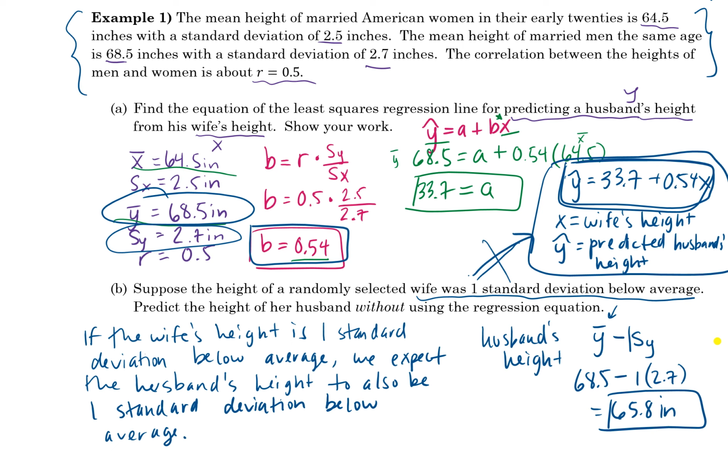And same logic goes, hey, if the wife is 2 standard deviations above average, then I would expect her husband to also be 2 standard deviations above average. Now again, I know especially in this example, that's not necessarily true. Short people marry tall people marry short people all the time. But in general, that's what we kind of have to assume.